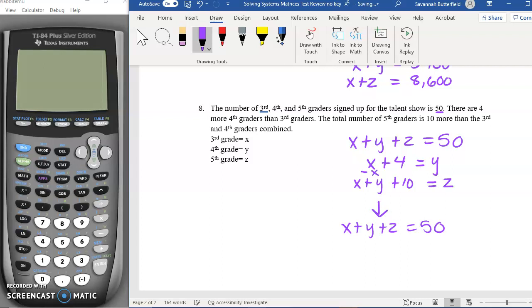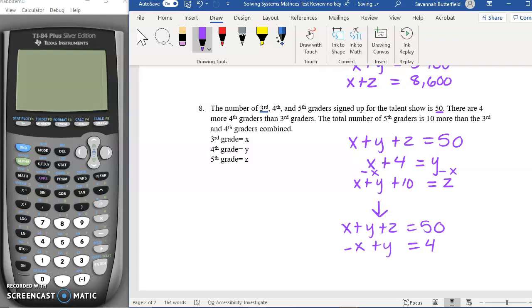So I'm going to subtract X. And to write this in proper order, remember we always write alphabetical order, this would be negative X plus Y equals 4. That would be that second equation rewritten.